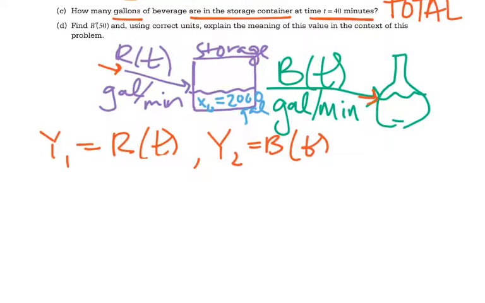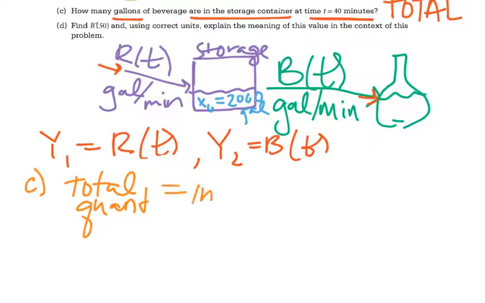Okay, so in order to do C, we need to think about, in order to find the total quantity, the total number of gallons, we need to think about our initial number of gallons in the storage container and the quantity that has flowed in and the quantity that has flowed out. So we're going to be adding an integral of our rate of change, essentially, the net change.